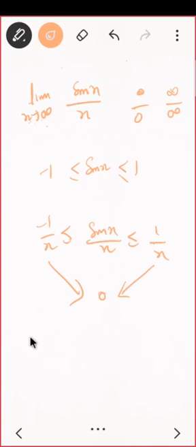Okay. One more thing. Limit x tending to 0 sin x upon x. First question, can I use L'Hopital rule?